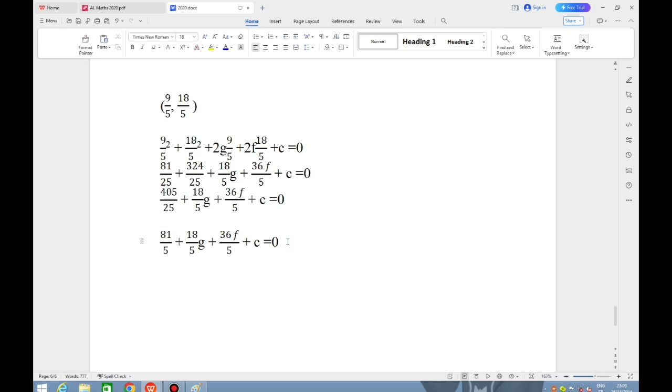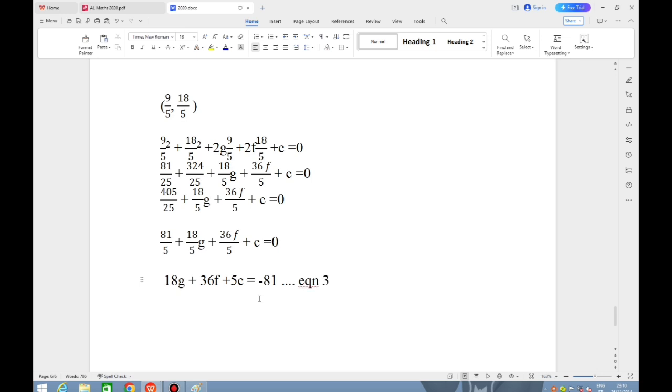Now we can multiply all the terms by 5 to remove the fraction. So we get 81 plus 18G plus 36F plus 5C is equal to 0. Now we send 81 the other way, that gives us minus 81, and you can call this equation 3.